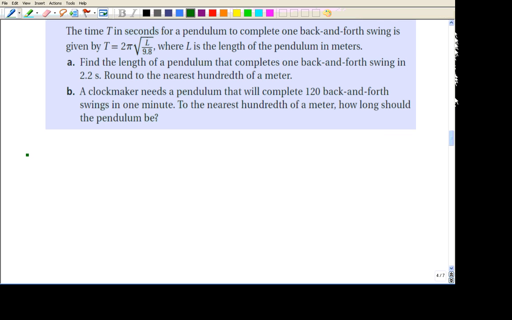So here we go. For A, again, we're starting out with that equation, and we're going to fill in the related information. We're finding the length, so we're solving for L, but we're given t, which is 2.2.